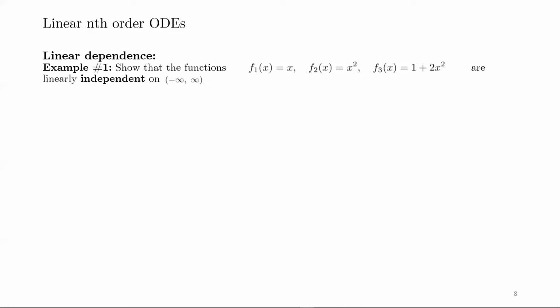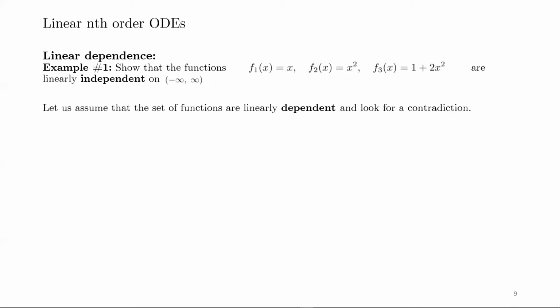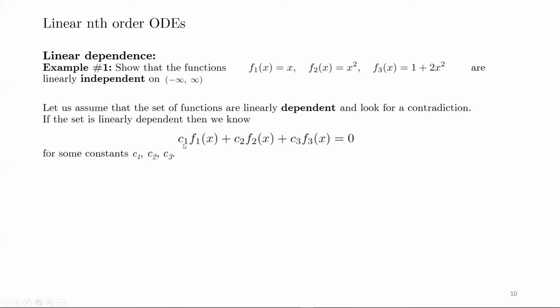Well, let's take the opposite approach and assume that they are linearly dependent, and look for a contradiction in our logic. If the set is linearly dependent, then we can write the linear combination c1 f1 plus c2 f2 plus c3 f3 equals 0 for some constants c1, c2, and c3.